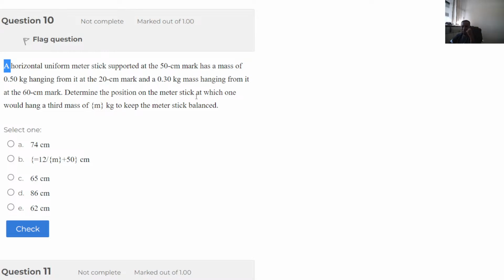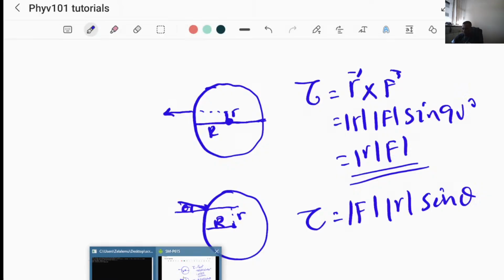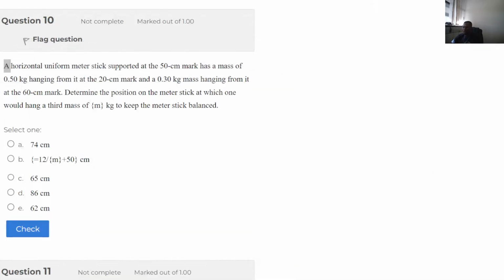Determine the position on the metric stick at which one would hang a third mass, given mass m in kilograms, to keep the metric stick balanced. This is also a kind of rotational problem per se, but it's a static equilibrium. Let me put what it says. Whilst you're busy reading, let me draw what it says, and I will bring my tablet back.